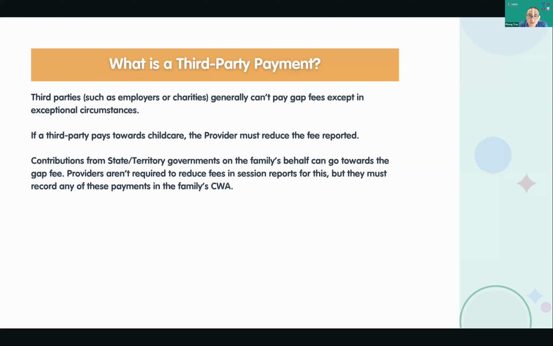Technically, what you need to submit to CCS is this. Your daily fee is $100 and the third party says, yes, I'll pay $30 to that. Technically, what you're meant to do is submit to CCS the $70. CCS is calculated based on that $70 and then the parent pays the remaining gap.